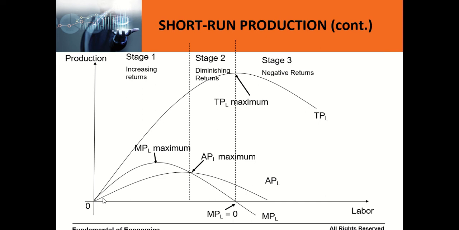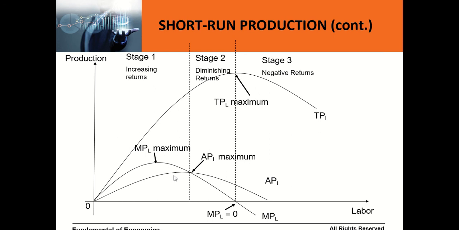So this is called average product of labor. Now this curve also has a maximum, then it starts to rise to the maximum. Once it reaches the maximum, it starts to decline. But the key here is the meeting point between AP and MP, where the AP is at maximum.